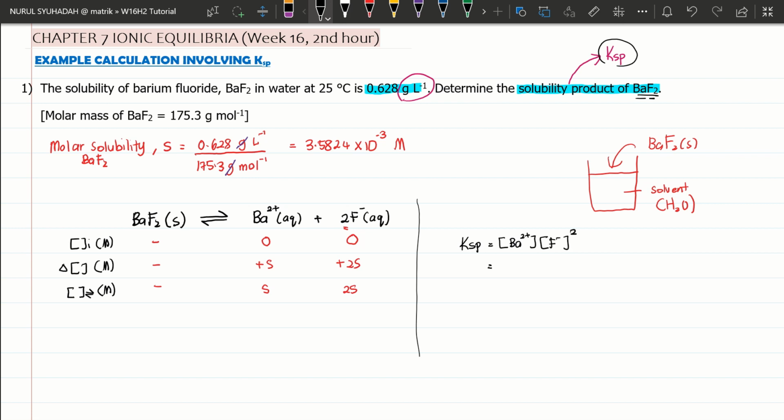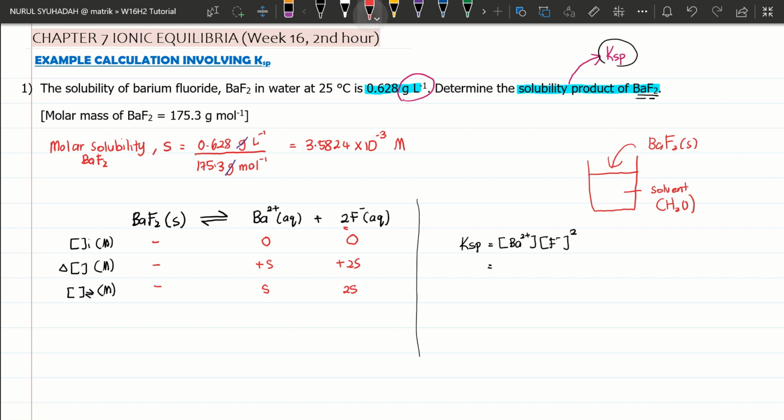Okay, wajib tulis expression dulu. Sama macam awak buat KC, sama macam awak buat KP, sama macam awak buat KA dan juga KB. Write down the expression first. Expression tu akan jadi penyelamat awak kalau substitution awak salah.